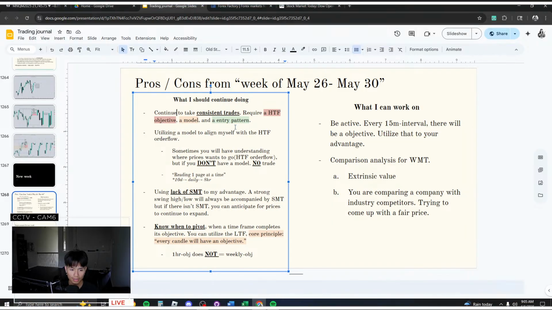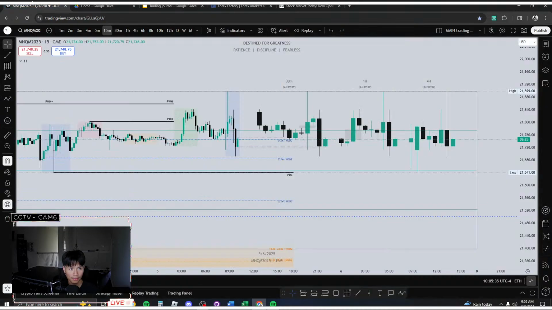So for instance, this morning, even though this 30-minute candle is suggesting to me that we should take out this 30-minute candle low, I don't have a model on the 15-minute time frame.